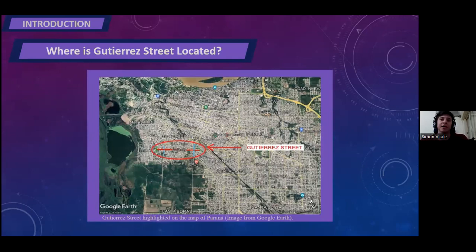There are problems like bad lighting, poor use of space, the lack of traffic lights, and potholes. Gutierrez Street in particular has too many potholes, which put people at risk for safety issues.